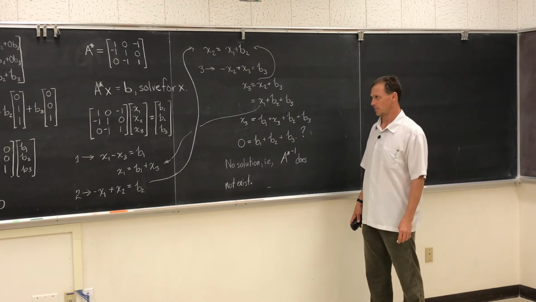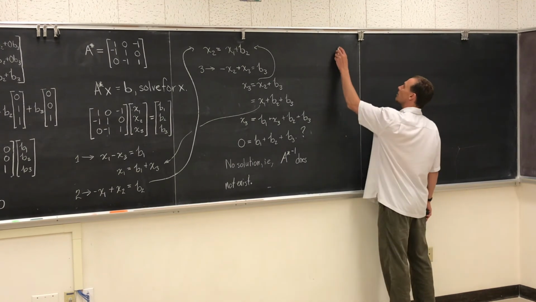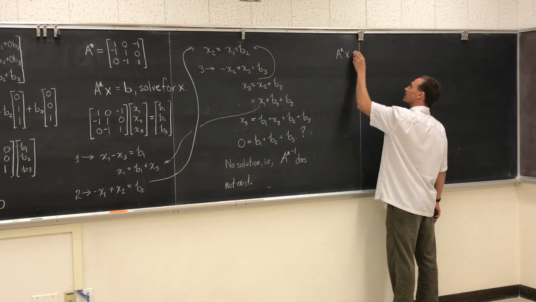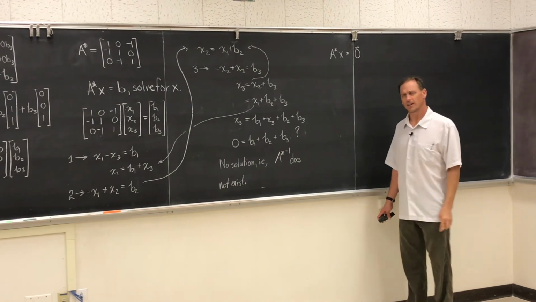There's one more thing. That was our second question that we asked: well, what about A star x and the 0 vector? What about that then? Let me write that down.